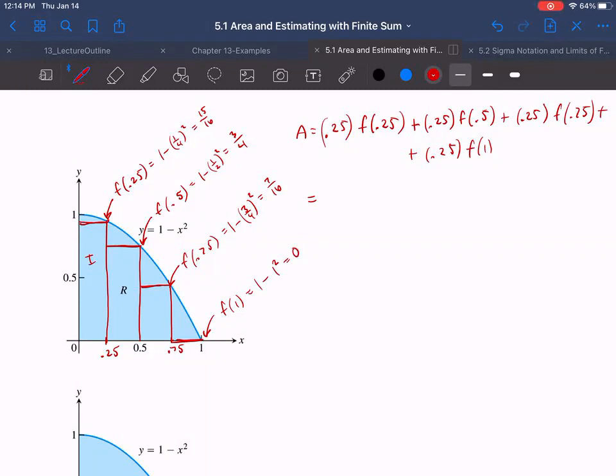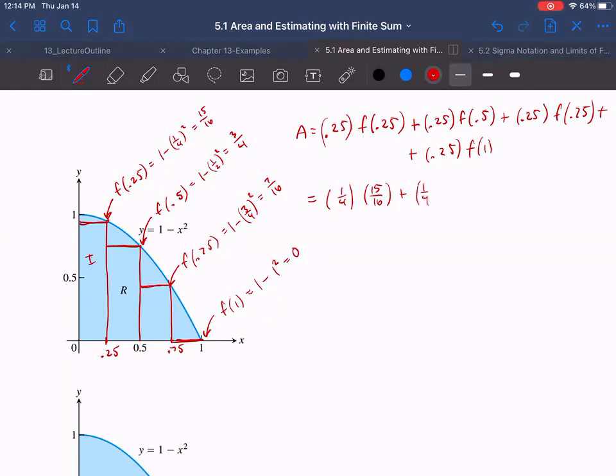Okay, so we can go through and start plugging these in now. We're going to have 0.25 times 15/16. I should have made that 1/4. Let me make that a 1/4, just so we're working with fractions. This is 1/4 times 15/16.